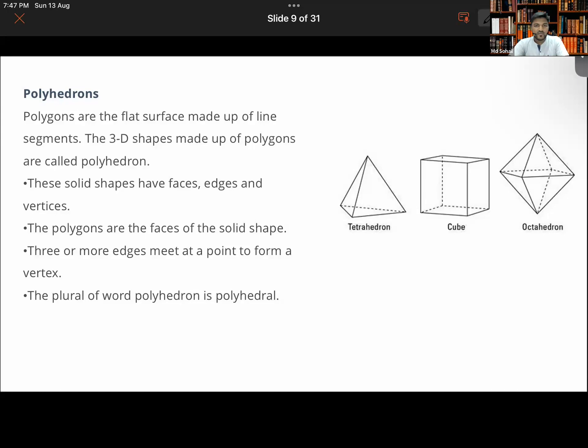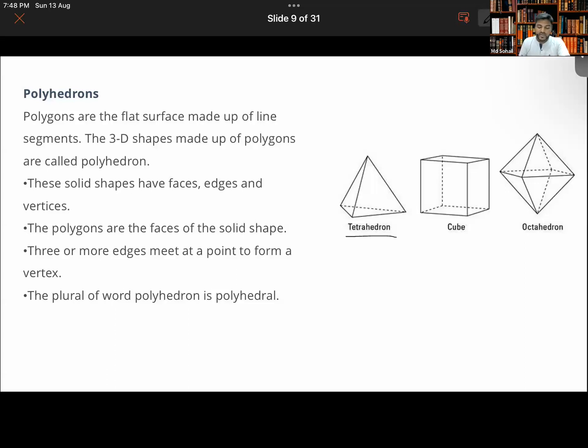For example, you have a cuboid, you have a pyramid shape. In this you will see the surfaces are flat, the edges are straight. See this tetrahedron, which has how many faces? 4 faces, right?